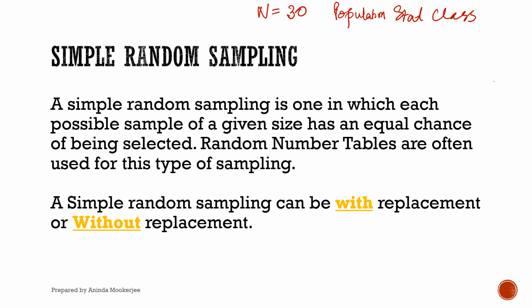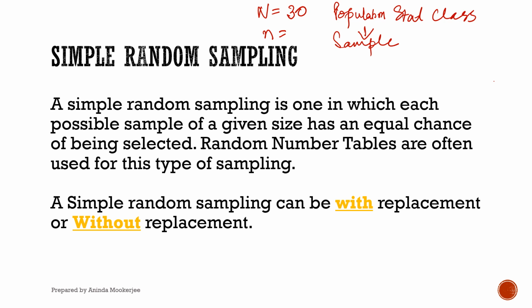Instead of studying each and every student in my class, I want to just study a small sample from my entire class, and I want to create a sample of size 5. My sample size is lowercase n. The lowercase n denotes sample size, the uppercase N denotes population size. Keep that in mind. We are going to refer back to it over and over again.